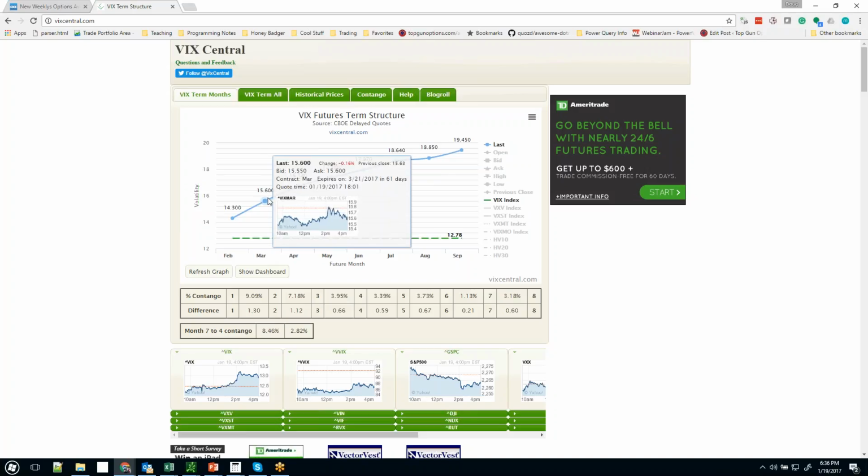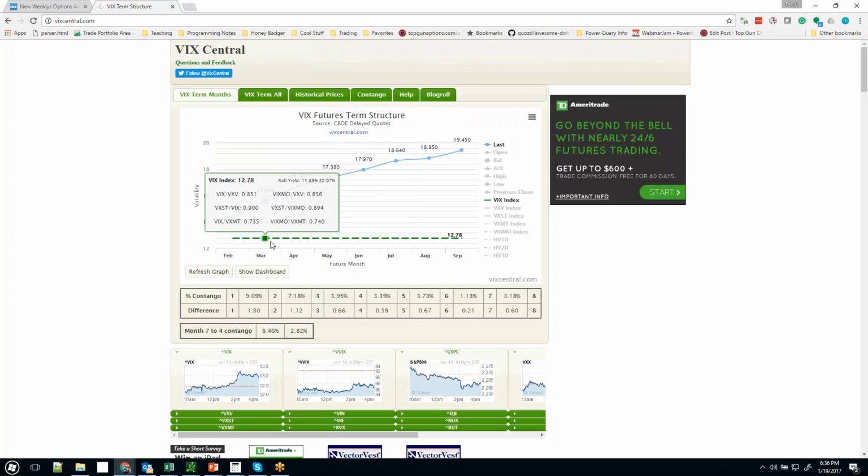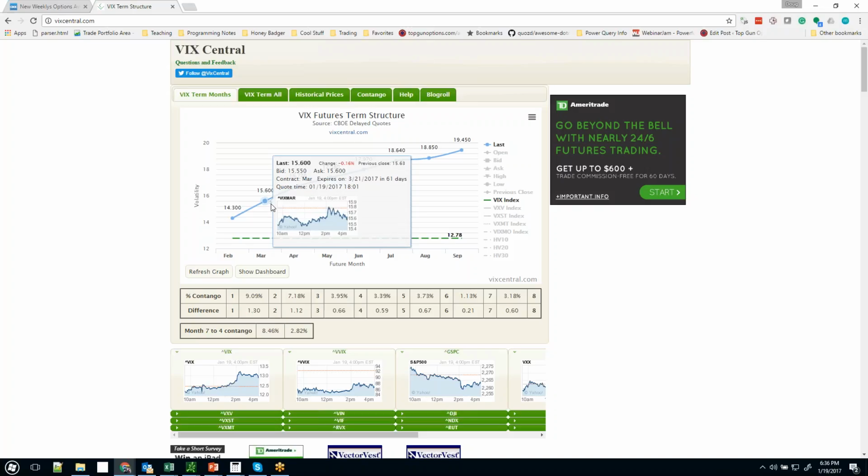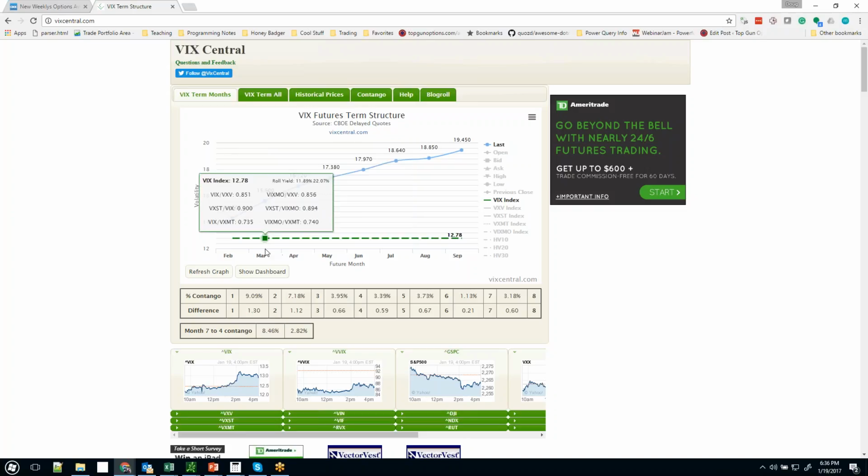What they are related to is the $15.60 that's the current price of the March expiration futures contract that is tied to the VIX index at the moment of time that these futures contracts expire. So is that complicated enough for you?